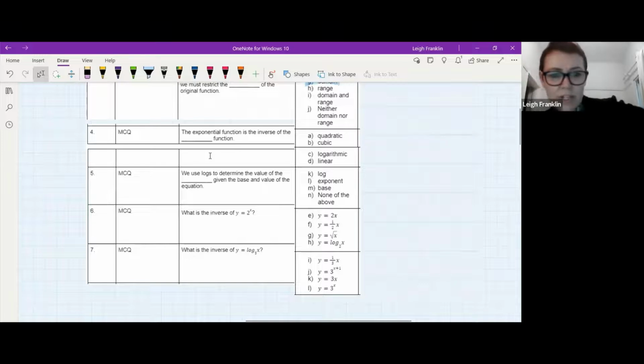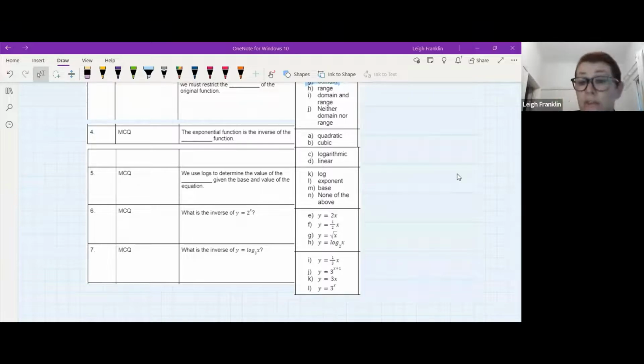The exponential function is the inverse of the what function? Pumeza said A, Johannes said A, Kanyisile says C. The exponential function is the inverse of the logarithmic function.